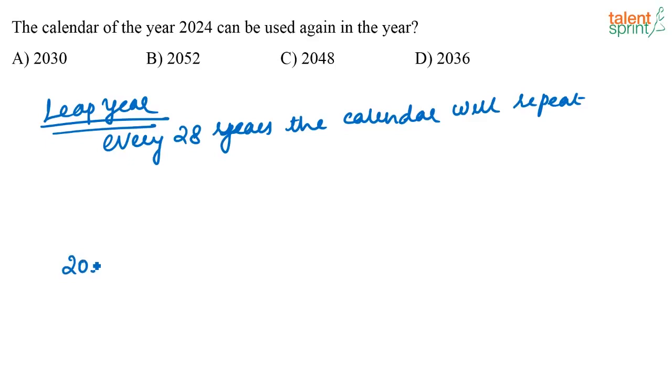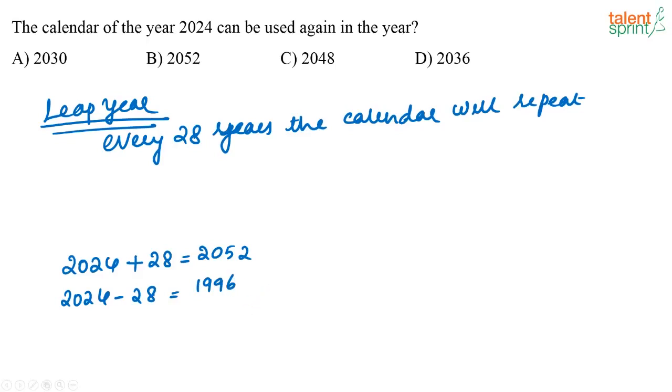If the 2024 calendar is there, which next year will have the same calendar? Plus 28 will definitely have the same calendar, that is 2052. Similarly 2024 minus 28, that year will also have the same calendar. It is 1996, correct?